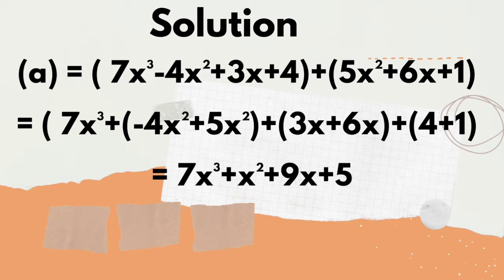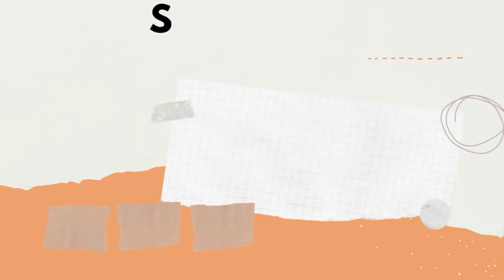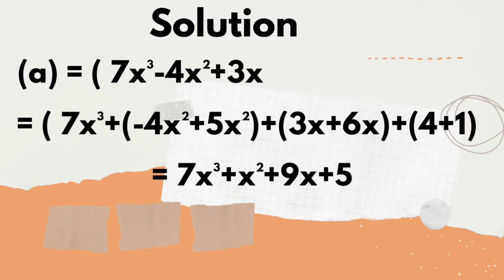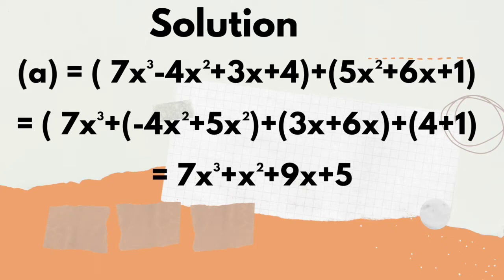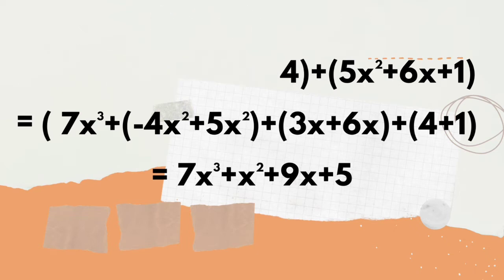Now, by collecting the like terms, you have 7x raised to power 3 plus minus 4x squared plus 5x squared plus 3x plus 6x plus 4 and plus 1. Then you have 7x raised to power 3 plus, when you subtract 4x squared from 5x squared, it remains x squared, plus when you add 3x and 6x, you have 9x, then plus 5.